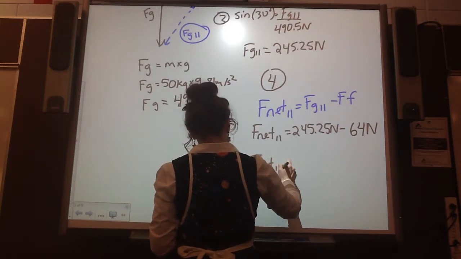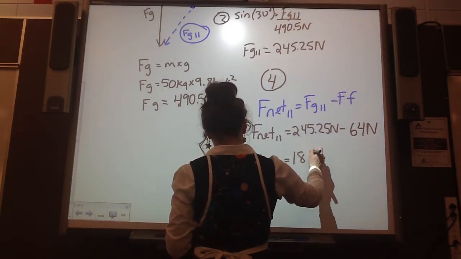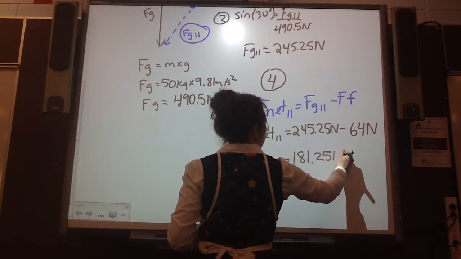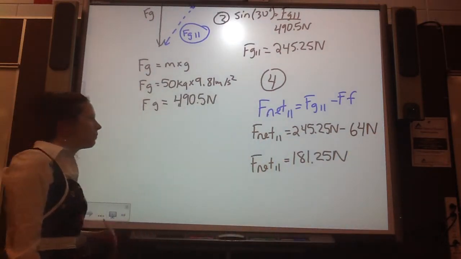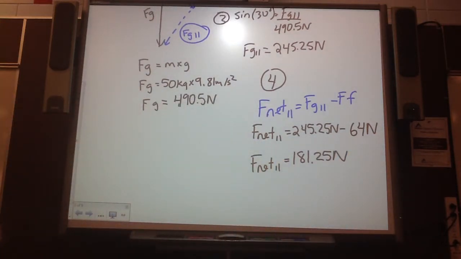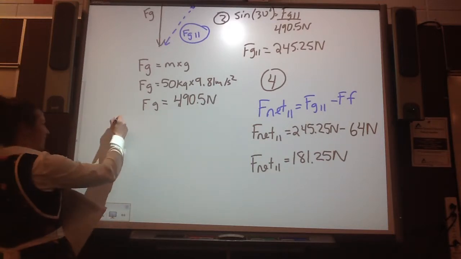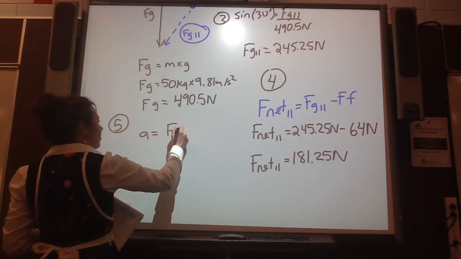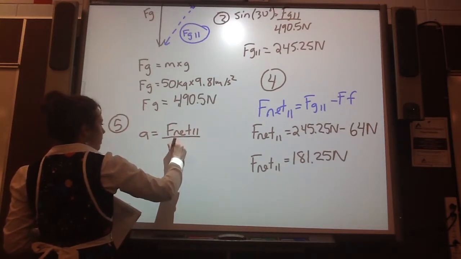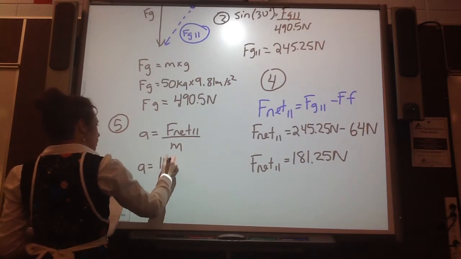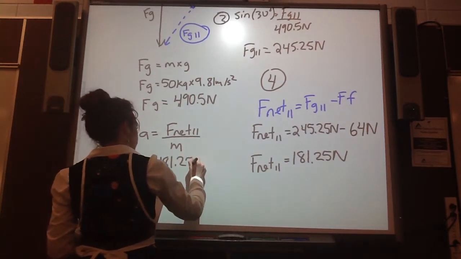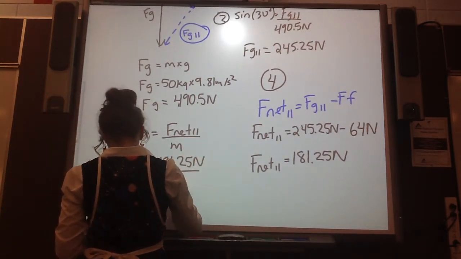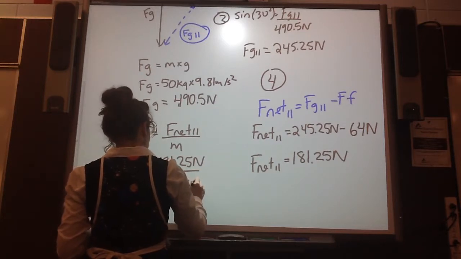So FNet parallel is equal to 181.25 newtons. But what I'm actually looking for is my acceleration. So A is equal to FNet parallel divided by M. A is equal to 181.25 newtons divided by 50 kilograms.